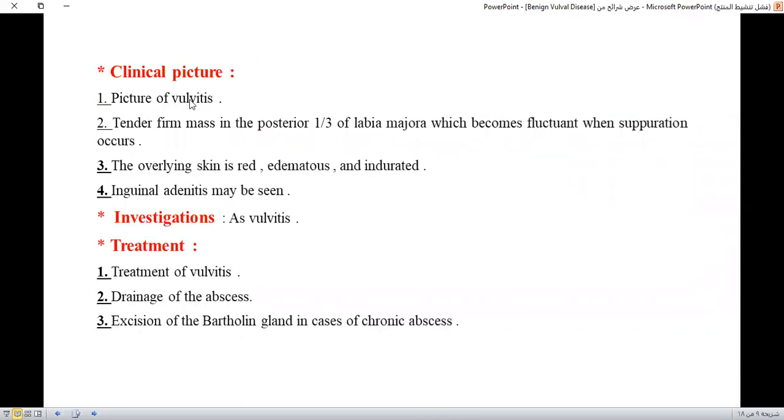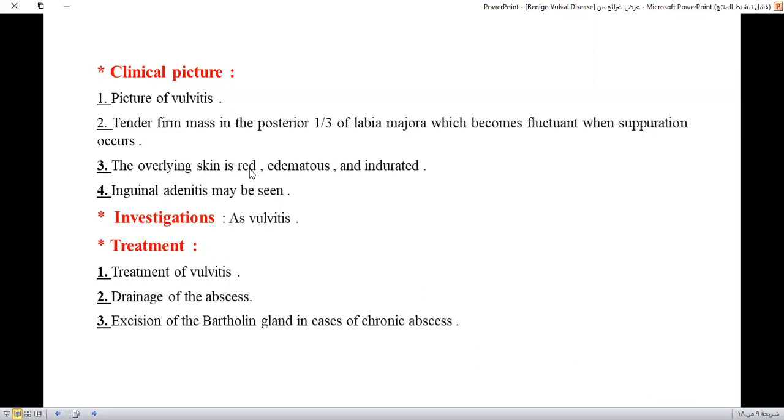Clinical picture, same as vulvitis. There will be local pain, pruritus, inguinal adenitis, inguinal pain, redness of the area, swelling. Tender, firm mass in the posterior third of the labia majora, which becomes fluctuant when suppuration occurs.